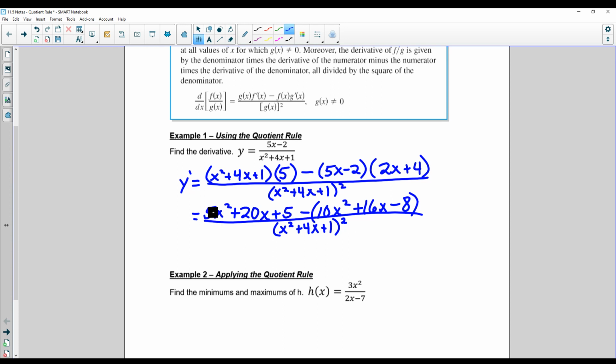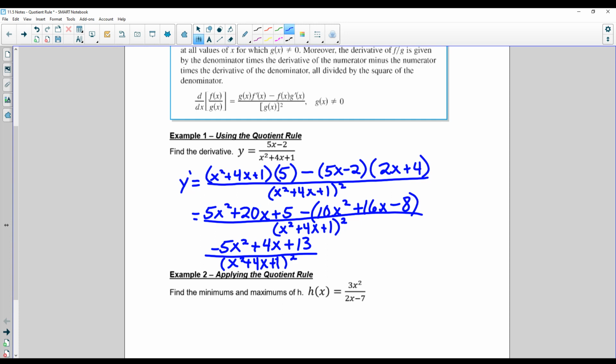I'm going to go ahead and take my 5x squared minus 10x squared, and I'm going to get negative 5x squared. I'm going to have a 20x minus 16x, and I'm going to get my plus 4x, and I'm going to have a 5 minus negative 8, which will give me plus 13, and all that is over my x squared plus 4x plus 1, all of that squared.